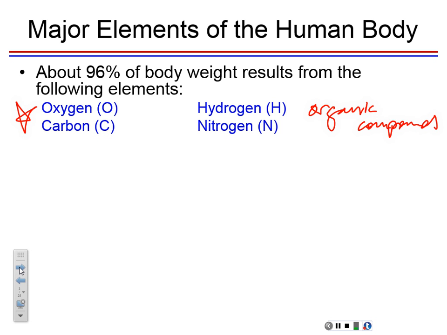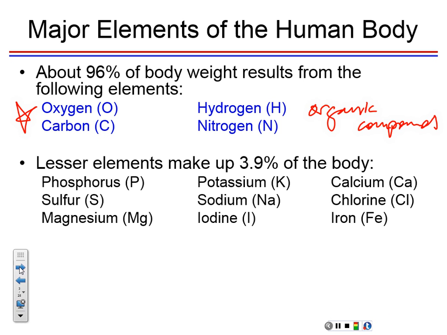All right, so we got more phosphorus. You will notice as we talk about the organic compounds, we will be starting off with CHO, and then we'll be building up and putting some of the other lesser elements that form about 4% of your body, like phosphorus. Which of these organic compounds do we find phosphorus?